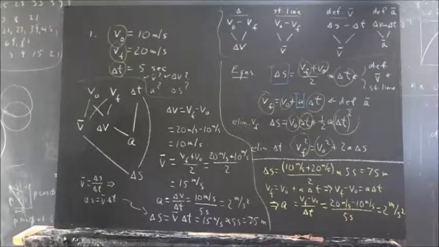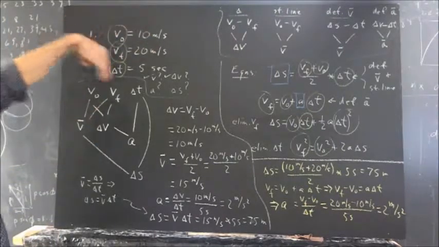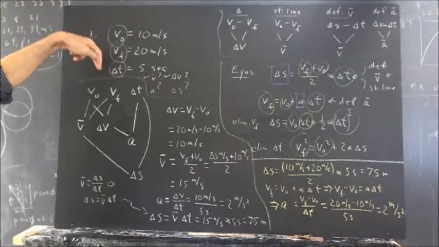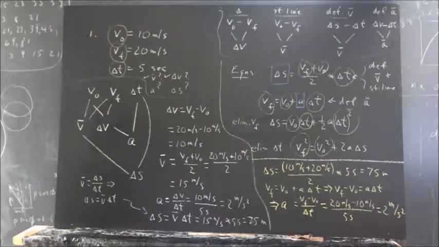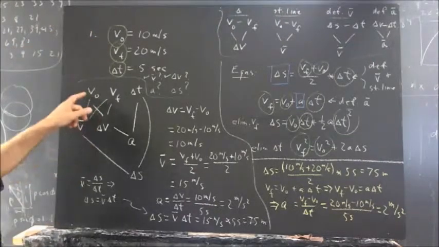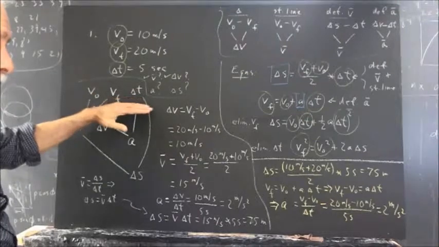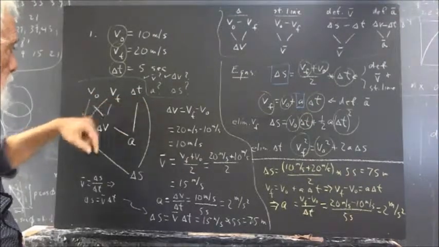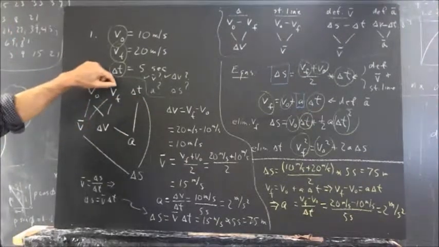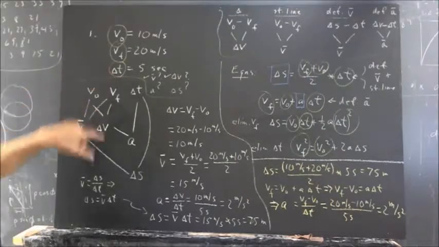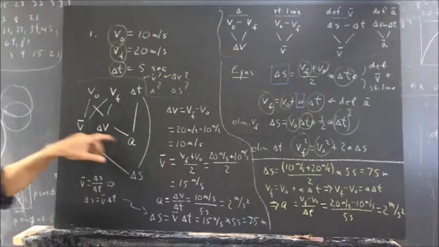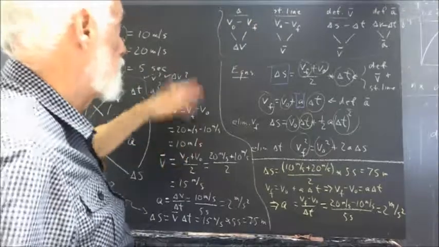Okay, well, having noted that we know V naught, VF, and delta T, we write down V naught, VF, and delta T and start asking ourselves, what can we determine? Well, if we know V naught and VF, we know that we can find delta V. I mean, that's just one of our triangles up here.